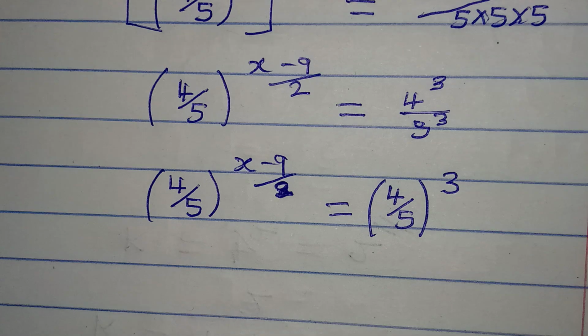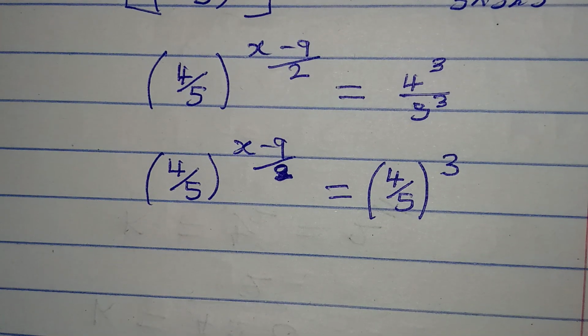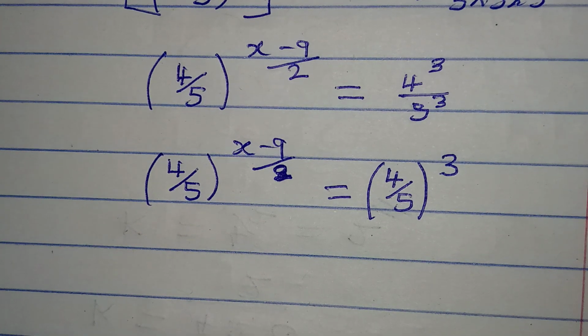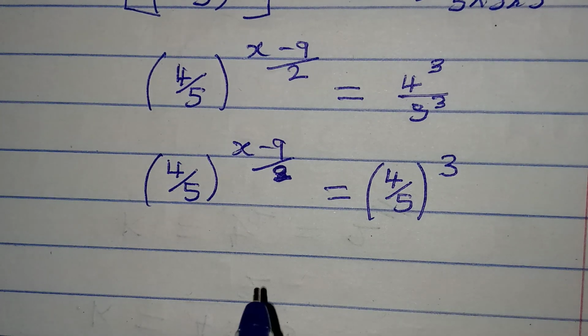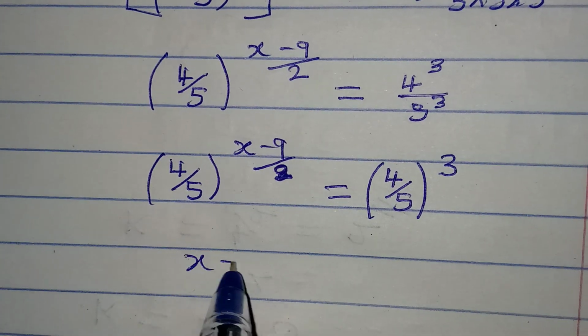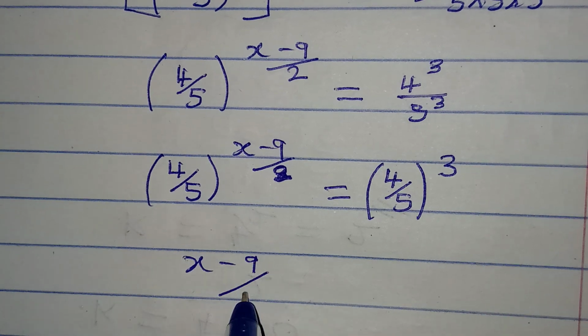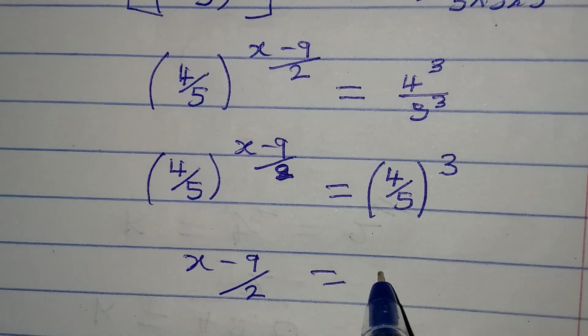Okay, it has not changed anything. And from here, if you watch clearly, you will see that we have the same base, 4 over 5, 4 over 5. We can now work with the powers, which is (x−9)/2 = 3.